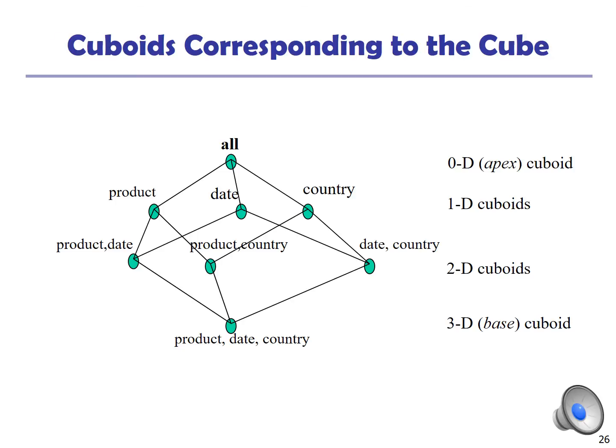You just pick one at a time. Then the two-dimensional cuboids are when you pick two at a time: a given product in a particular quarter, or a given product in a given country, or a given quarter in a given country, right? And the last one is your 3D or base cuboid, the three-dimensional cuboid, which contains all your product, date, and country, which gives that sum total volume.